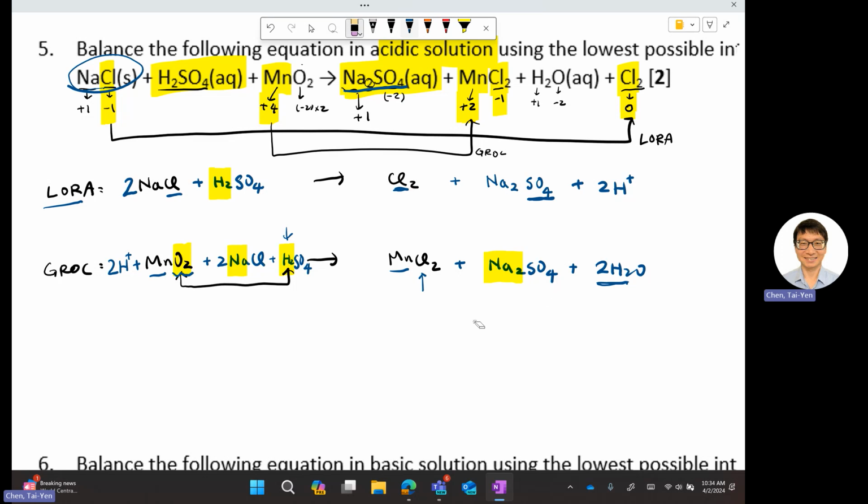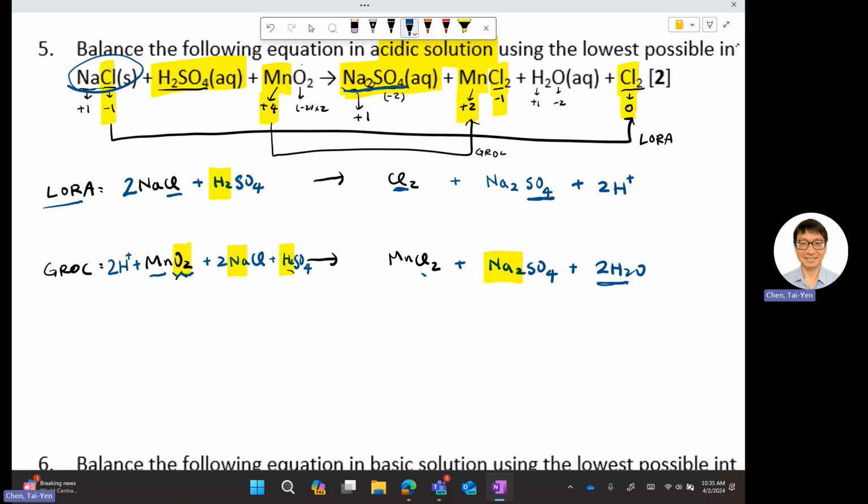This question is very interesting because you first need to balance all the non-oxygen, non-hydrogen species before you can use the H2O and H plus to balance your H and O. So with all that said, we balanced all the atoms for your LoRa and the G-rock.